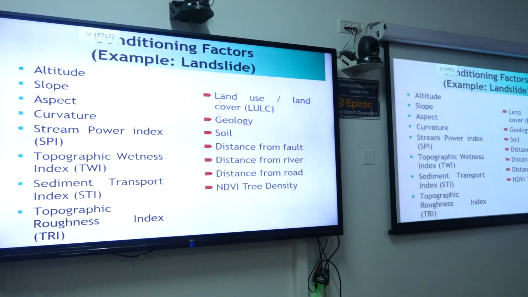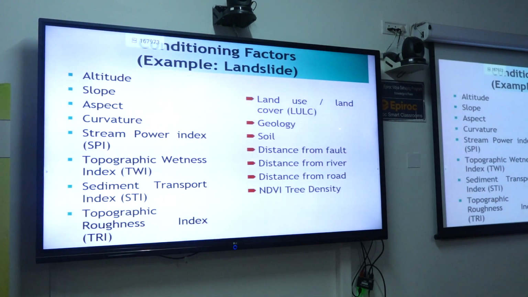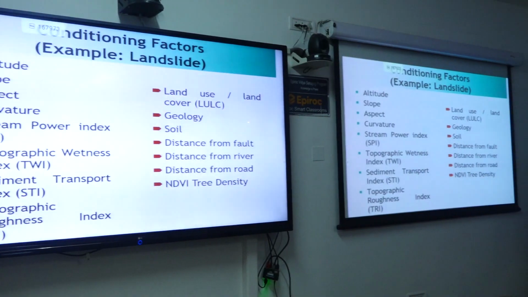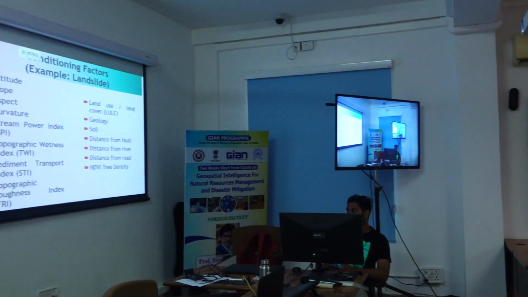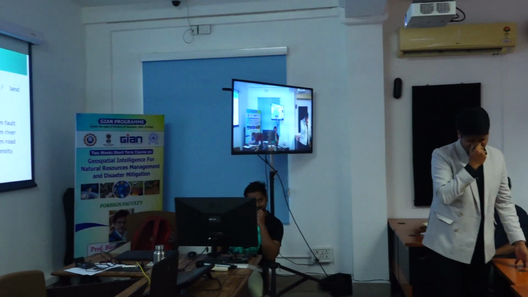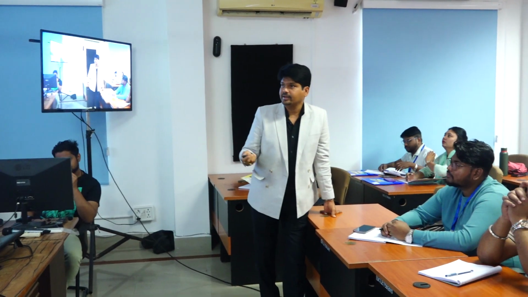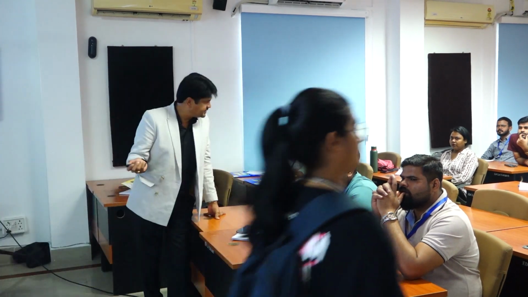Stream power index is an equation where you take the slope of the upstream area and the general slope of the area. Then we have topographic wetness index, sediment transportation index, roughness index.